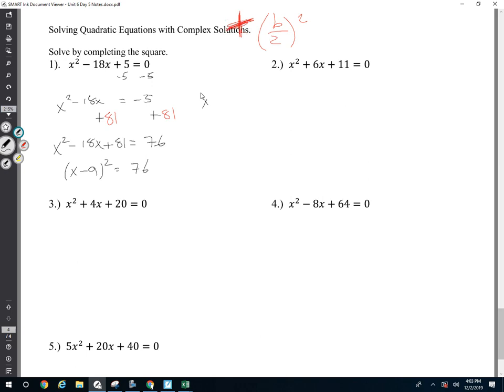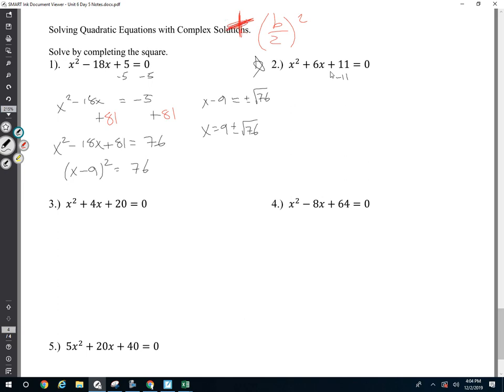We'd get x minus 9 equals plus or minus root 76. We'll add 9. x equals 9 plus or minus root 76. Okay, not a great example, but look at number 2.